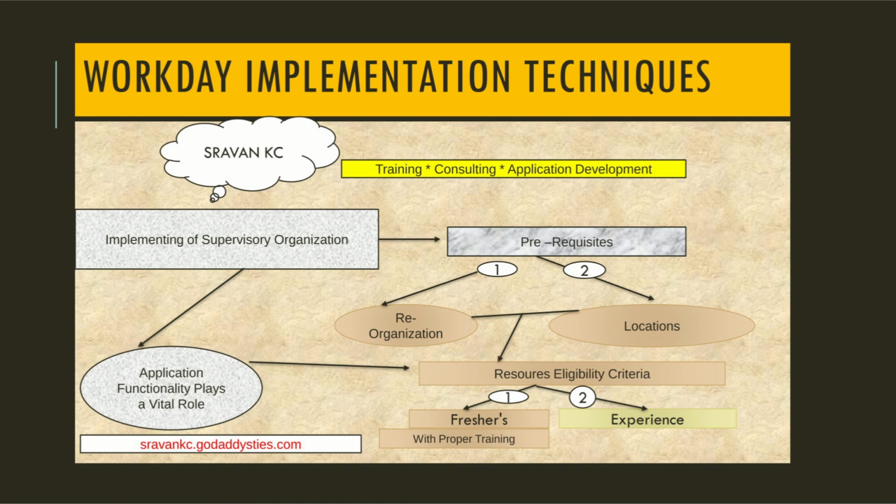They'll save it. At the next level, when the senior resource implements the supervisory organization, what are the parameters? Reorganization and location. He can recall the reorganization, go through it, and then assign the reorganization to the supervisory organization. And once he moves inside the application, he can recall the location as per the client business requirement and assign it dynamically.